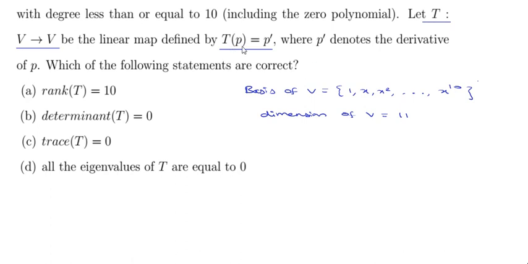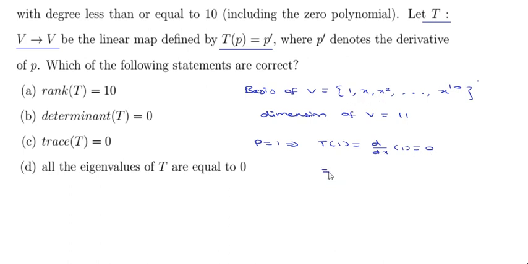So it is defined by T of P equal to P dash. So therefore when P is equal to 1, so we get T of 1 equal to d by dx of 1, so this is equal to 0. So this can be written as a linear combination of this basis.